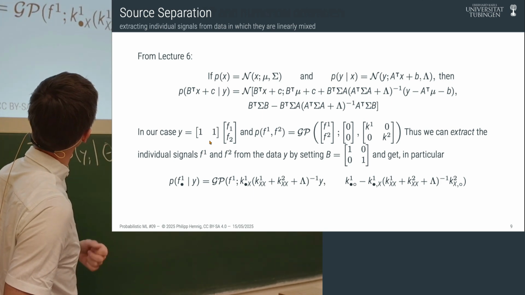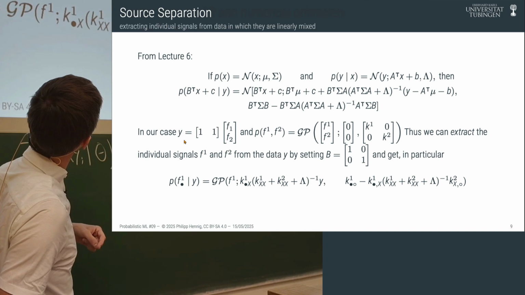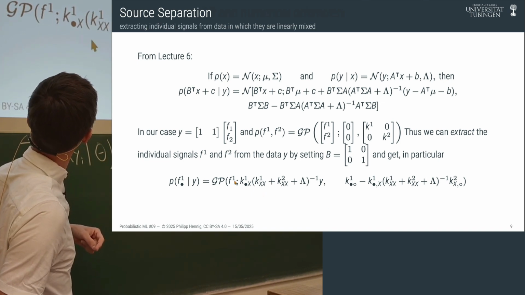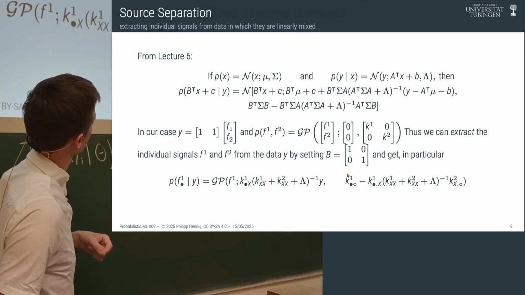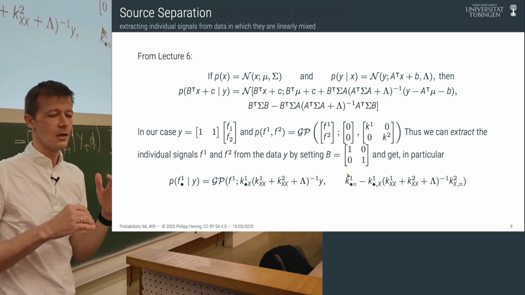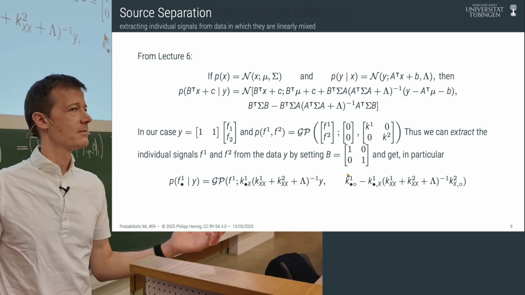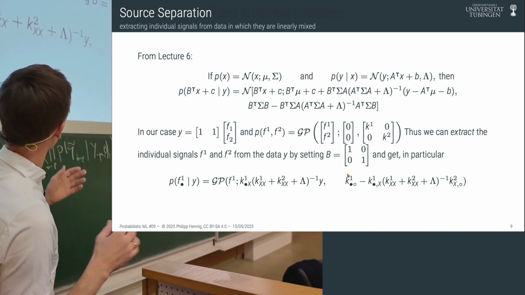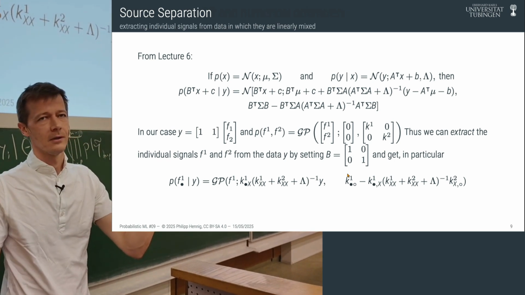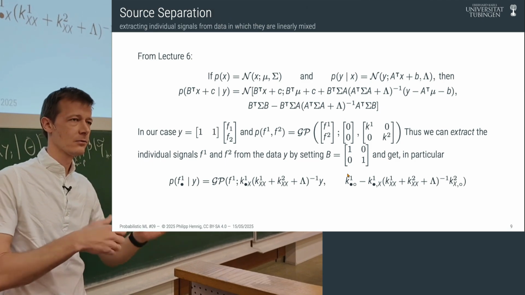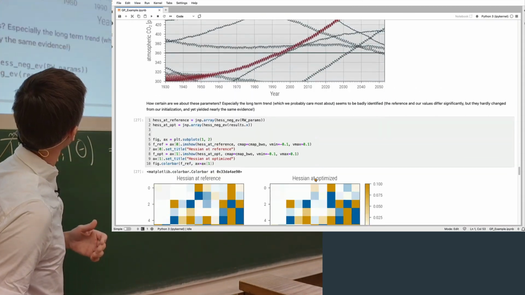If we have something that lives in a space of y's, we need to project out by the transpose of this operation, so the 1, 1 vector, and then we get predictions for the individual functions. And we can just do that because Gaussians are closed under linear maps, right? Now, this map, 1, 1 transpose, is not the inverse of a matrix, because it's not a matrix that is invertible, but it doesn't matter. It's still a linear map that maps back into the space of the individual functions. This process is called source separation, and we can just do it.